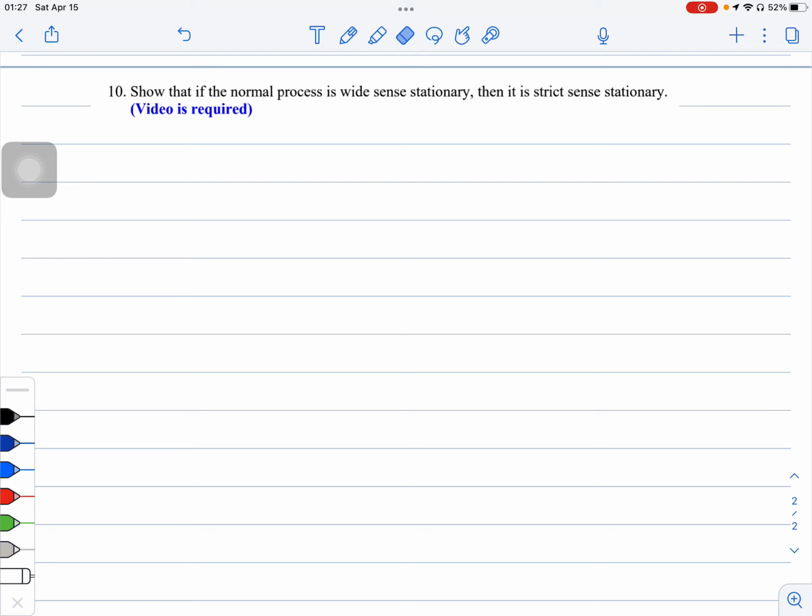It is a normal process for the beginning. So we consider the joint probability density function of n random variables.